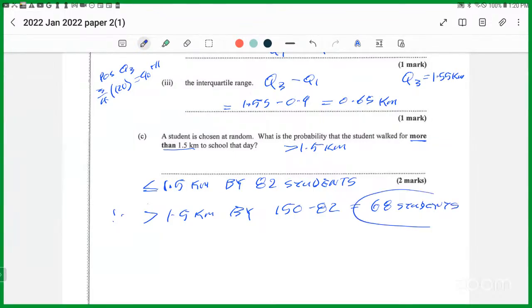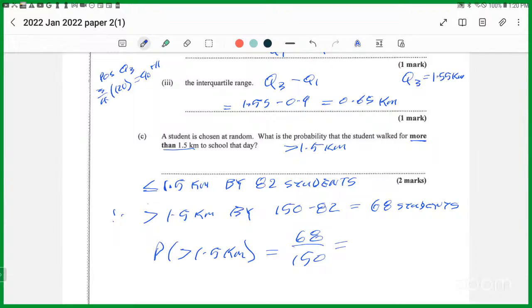So we are trying to get the probability. Therefore, the probability of going greater than 1.5 kilometers is these 68 students out of the total of 150 students. That's what they want. You can put this as a decimal or simplify it as a fraction, whichever way.